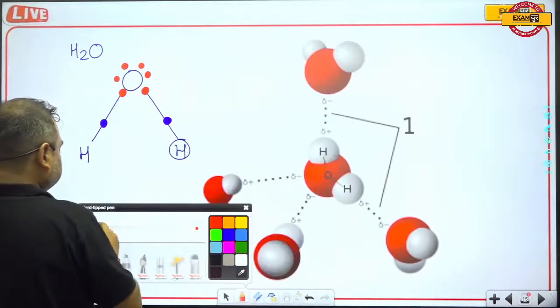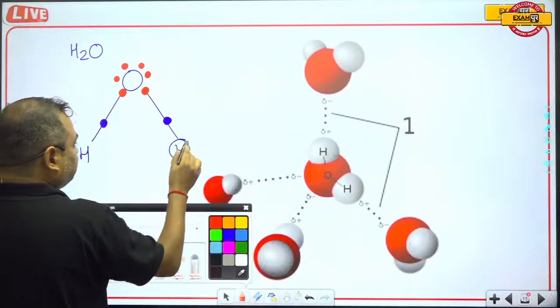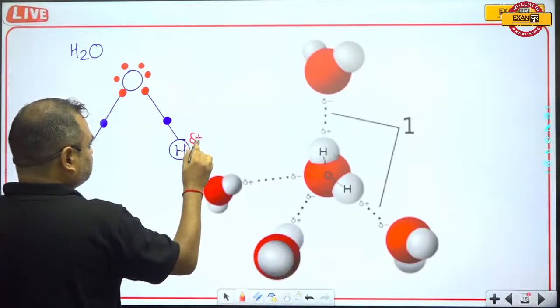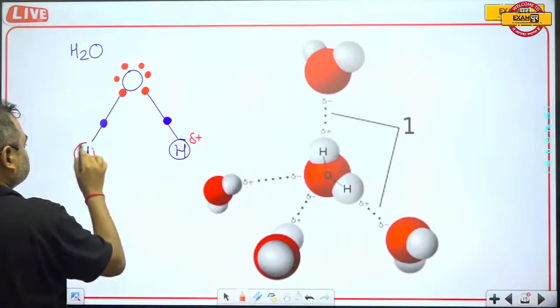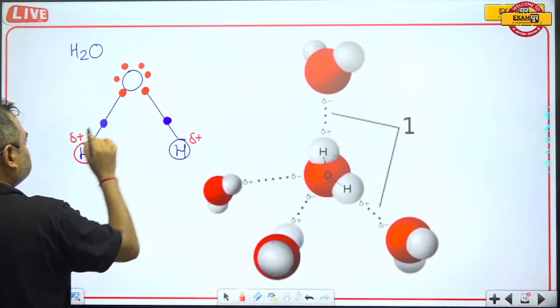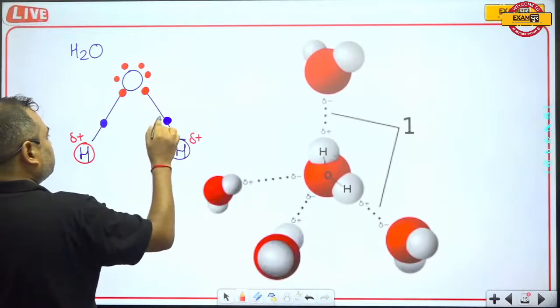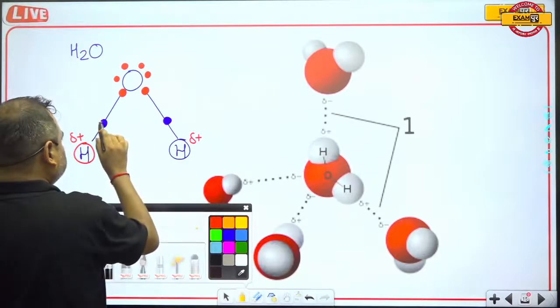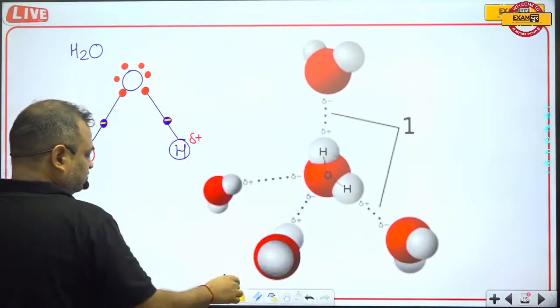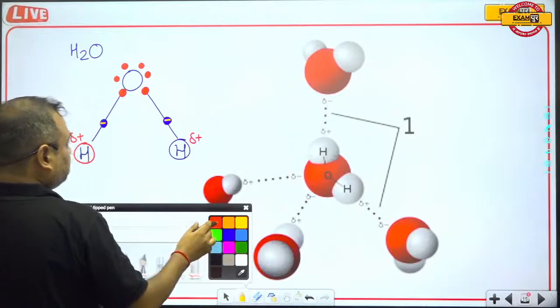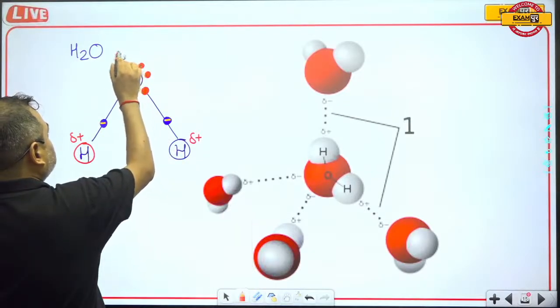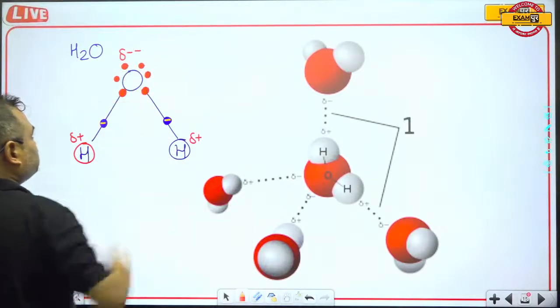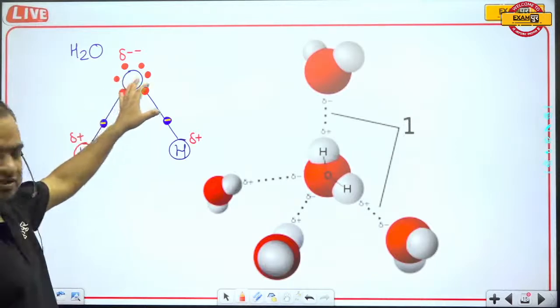This is the reason that a partial positive charge appears on the hydrogen, and due to the shifting of the electrons, a partial double negative charge appears on oxygen.